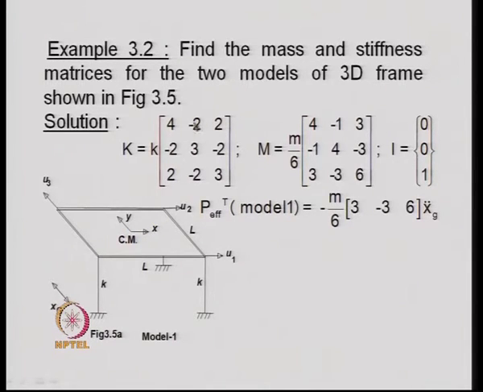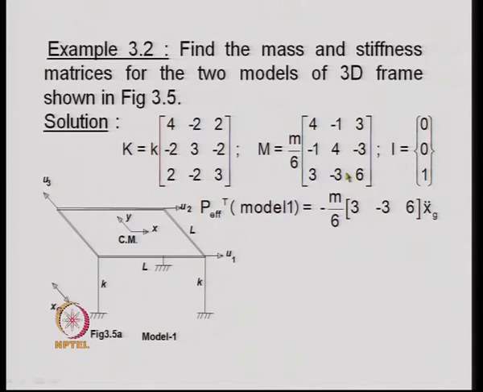Therefore, we see that the stiffness matrix of the system is a coupled stiffness matrix. There is a coupling between u1, u2 and u3, all the 3 degrees of freedom.